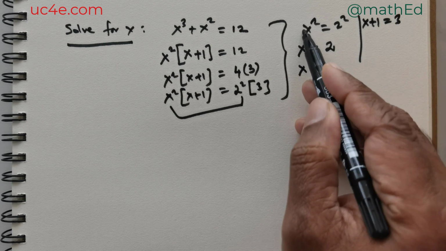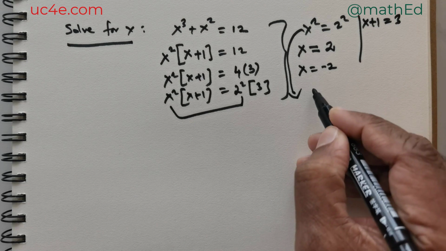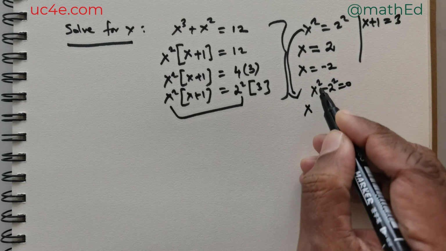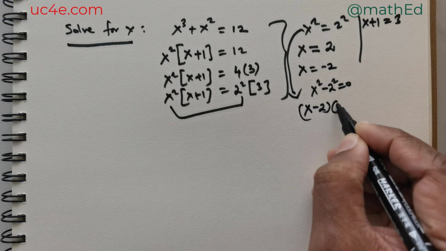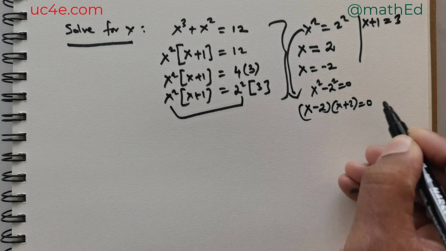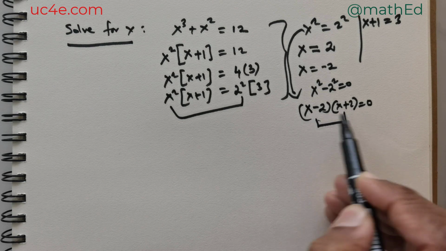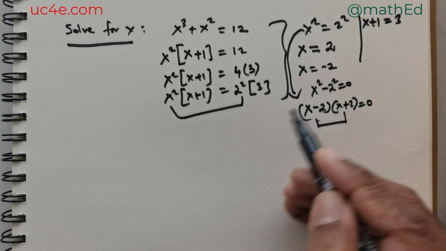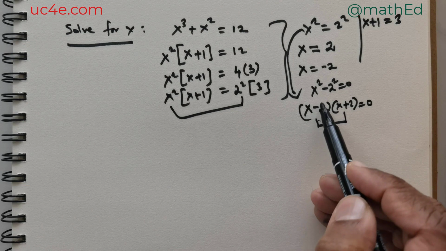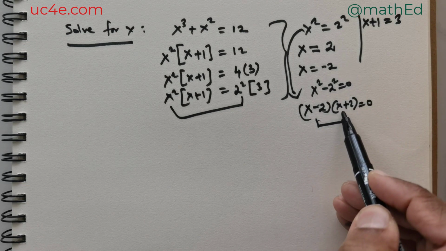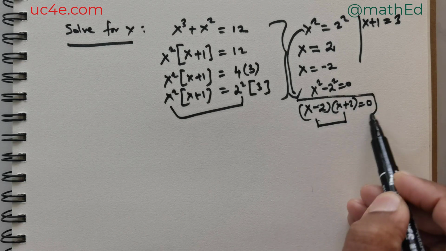Now because of this fact, if I were to rewrite this, it is going to be x squared minus 2 squared is equal to 0, which is nothing but (x minus 2) times (x plus 2) is equal to 0. Of course, it is imperative for you to understand that these are factors. Now from here they would say outright x is equal to positive 2 and subsequently x is equal to negative 2. Now there is a big flaw here.